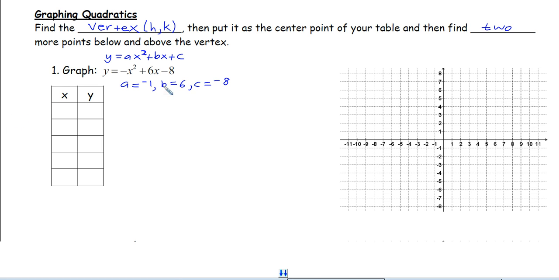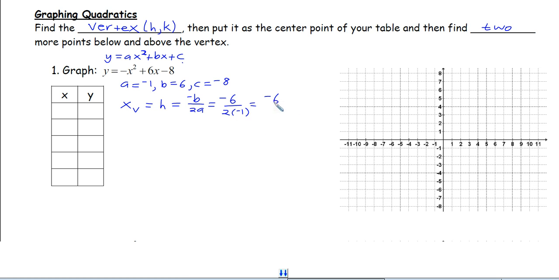And then, well, we go to our formula. So we can say that the x value of the vertex, which is h, is going to be that negative b over 2a. So if we plug that in, we have negative 6 over 2 times the a value. A is negative 1.